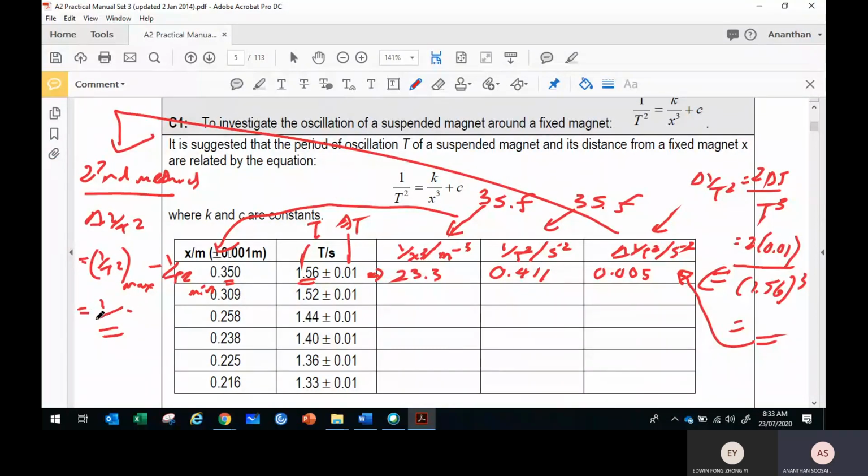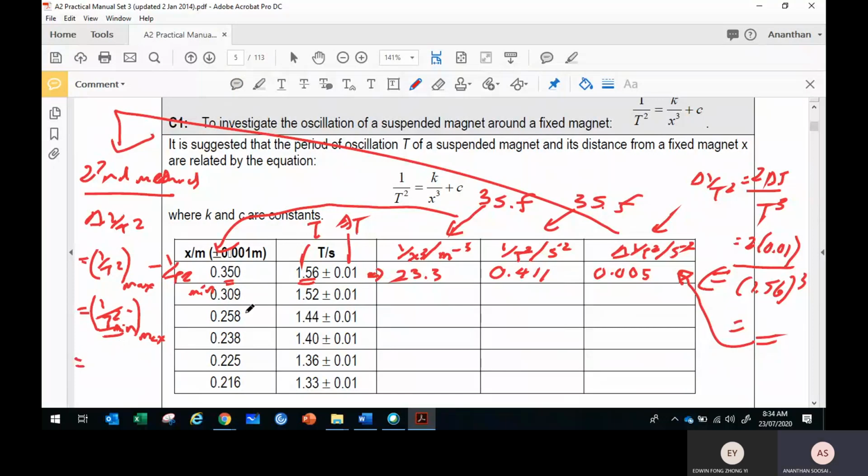When 1 over t squared becomes maximum, the t squared must be minimum, because t squared is the denominator. The denominator smaller, the value gets bigger. So t is minimum, and 1 over t squared will become maximum. Correct?